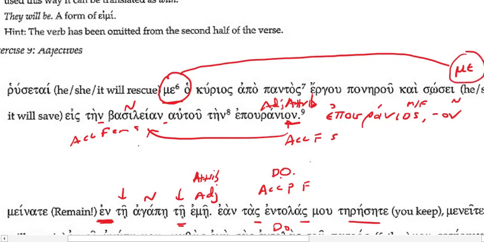You're sitting there going, well, save is what's called a transitive verb. It expects a direct object, but there's not one here. So where would you go to find the object? Well, you look at the preceding clause. You can recover the object easily from the context. Deliver or rescue and save has the same object.